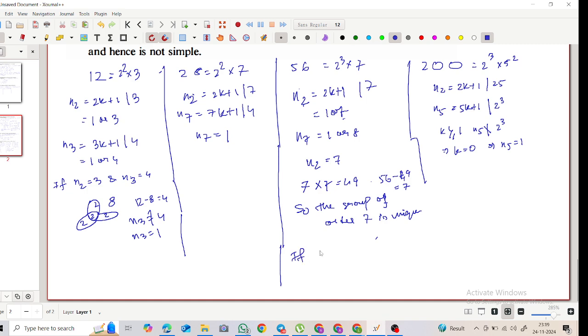And if N7 is 8, then how many elements are left? 6 into 8, 48 elements are gone.